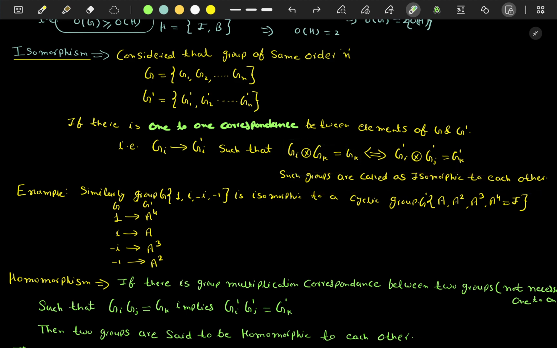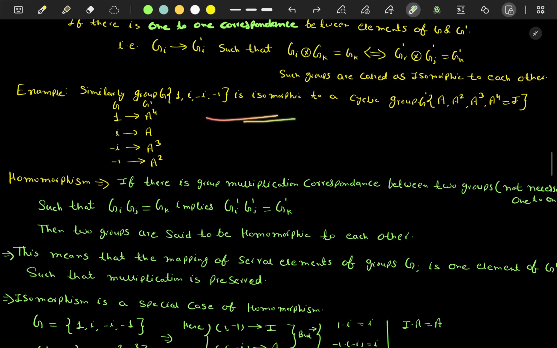Means you are applying an operation on two elements of the group, suppose 1 and 2, and if you apply the same operation on the prime elements G1 bar and G2 bar, both will give the same result. In this condition, we say that the groups follow isomorphism.